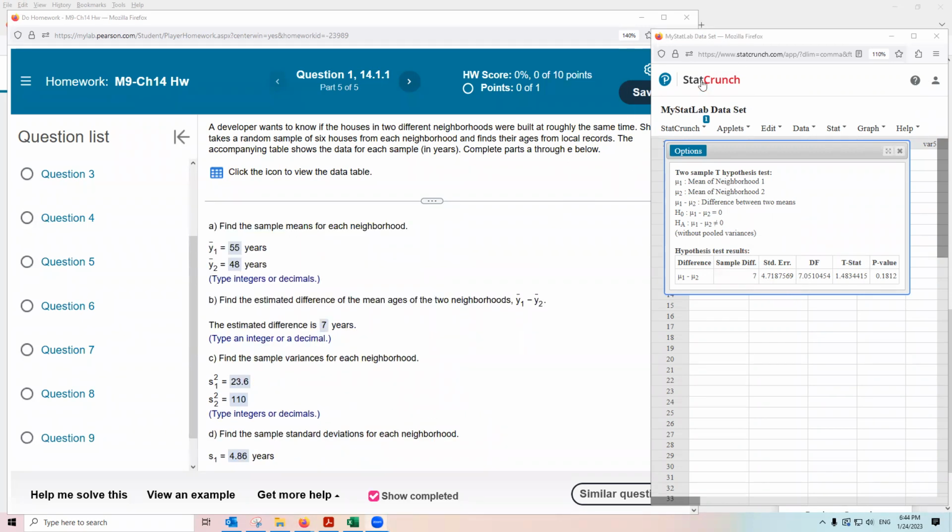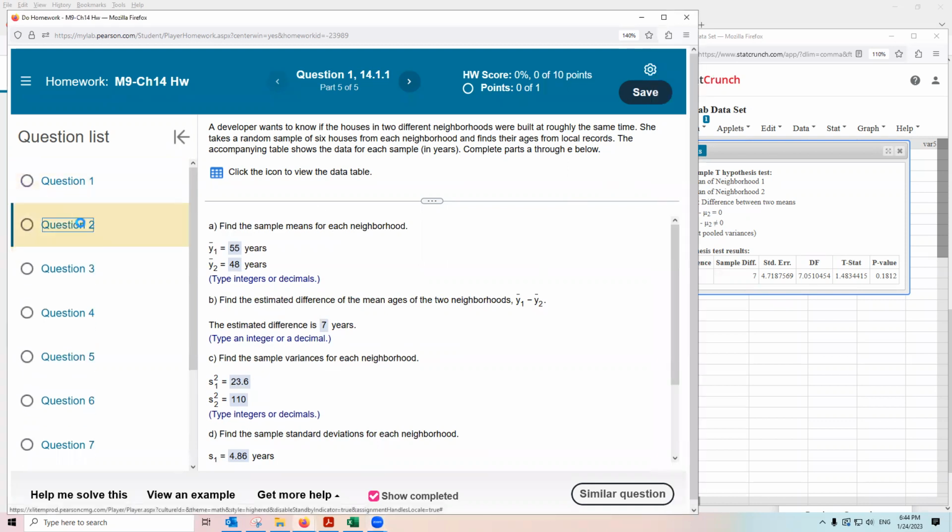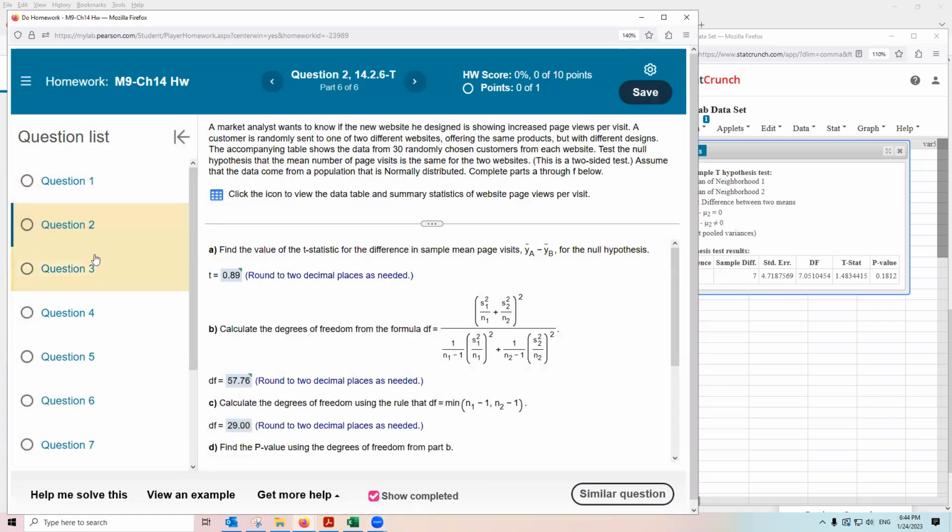Let's go do another example. Let's take a look at this one. This one says a market analyst wants to know if a new website is showing increased page views per visit. Customers are sent to one of 2 different websites randomly.